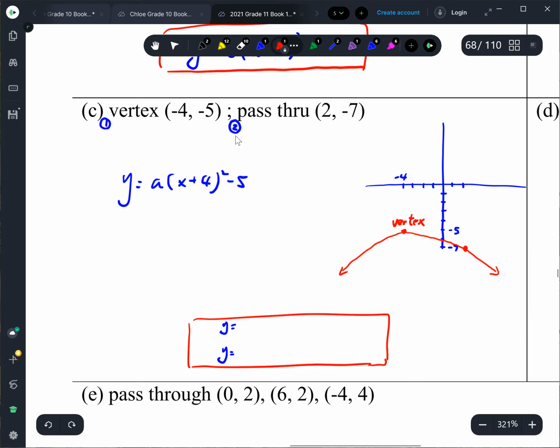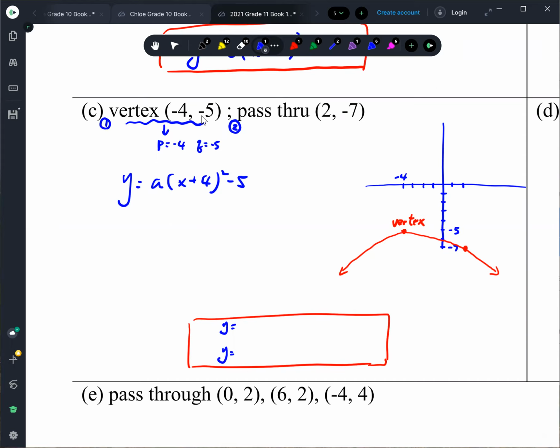Anyone else got the A yet? Okay, the vertex, everybody no problem, right? This tells you p and q. Anyone else?